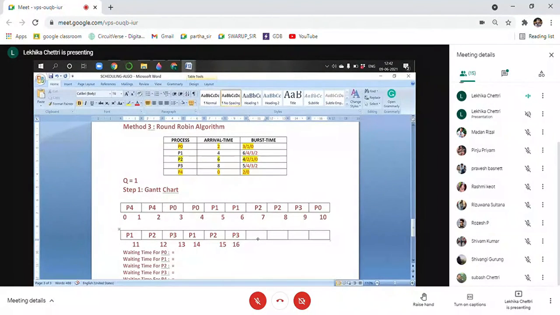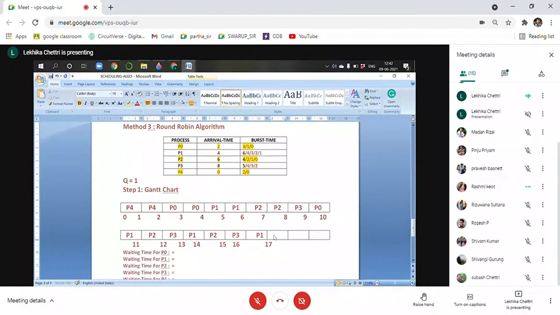After P3, what will it be? P1, ma'am. Very good. P1, let's update the Gantt chart to 17. After P1, P3. Let me update P3 again, now it will be 1.